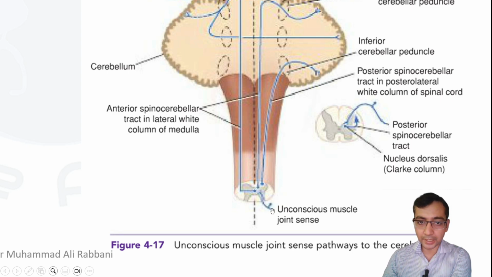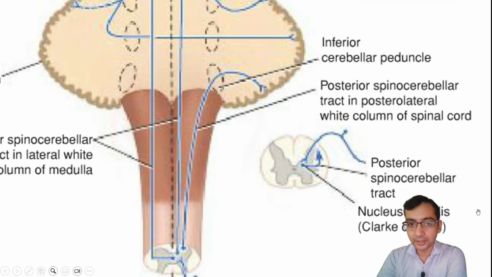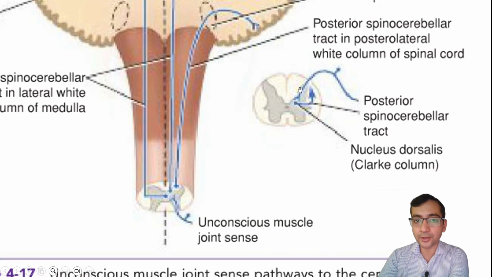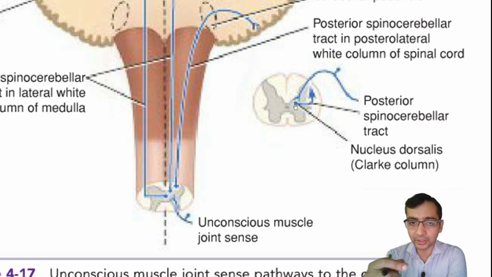There will be a dorsal root ganglion and it enters the spinal cord. Do you remember in the previous section we discussed that in the intermediate zone there were Clark's nuclei from T1 to L2. So those Clark's nuclei will be the second order neurons. The incoming fiber will enter and synapse with that nucleus dorsalis, the thoracic dorsal nucleus or Clark's nucleus.